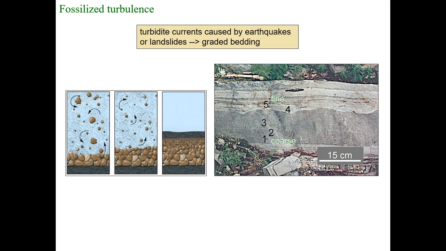You can also get what are called turbidites. These are currents caused by earthquakes and landslides, in which you get what's called graded bedding. You might have a big disturbance, a big earthquake or landslide, and all of the sediment gets mixed together. The heavy stuff falls out of the water column first, followed by the medium stuff, and then the finer mud on top.